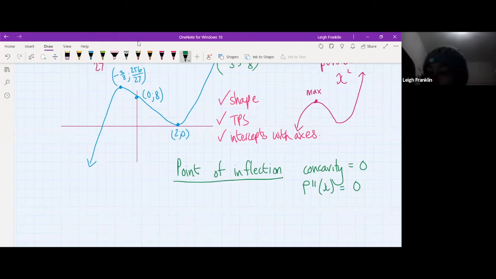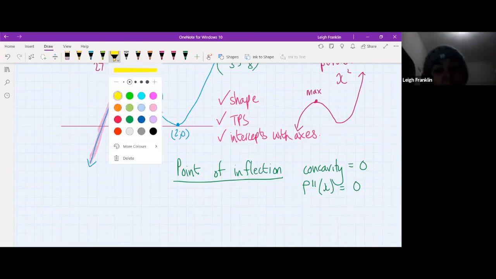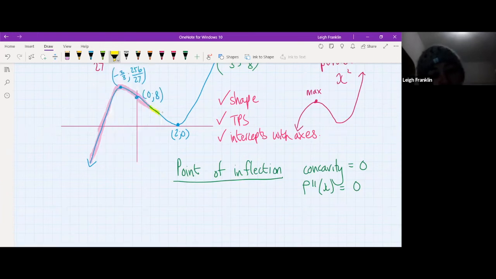All right, so for this particular graph, it is concave down up to a certain point, and then it stops being concave down and starts being concave up. The point at which it changes concavity is your point of inflection.